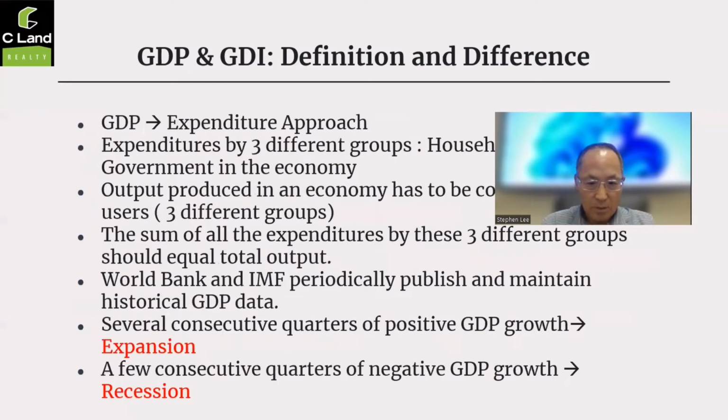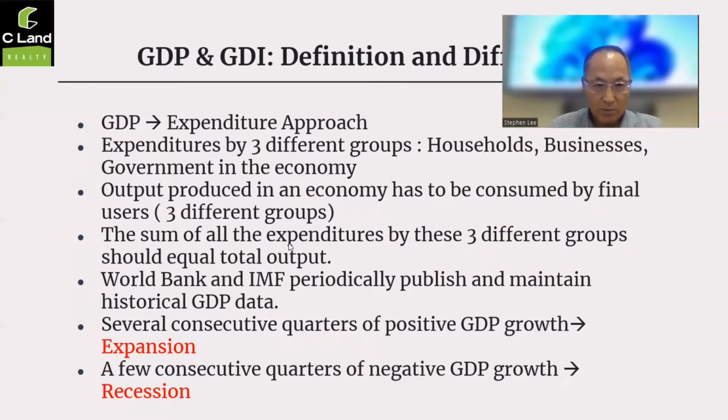And a little bit about the fact about the GDP is actually expenditure approach. So in other words, we'll add up all the expenditure of government and household and real estate investment, etc. That becomes GDP.